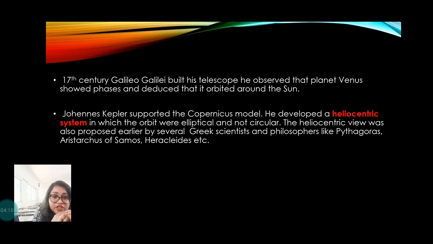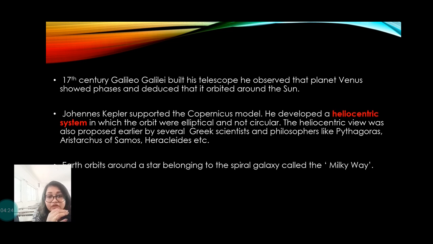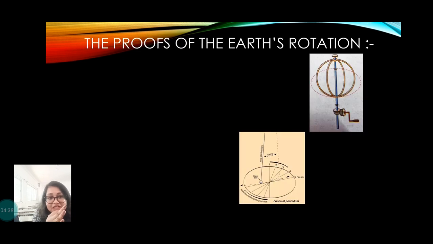This heliocentric view was also proposed earlier by several Greek scientists and philosophers, like Pythagoras, like Aristarchus of Samos, and many more. Okay. The earth orbits around a star belonging to a spiral galaxy, that is called the Milky Way galaxy, where we live.